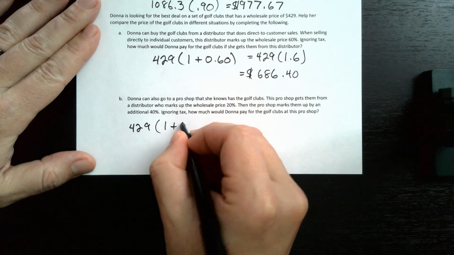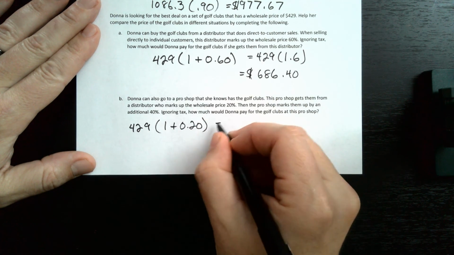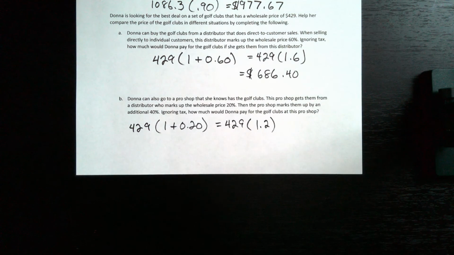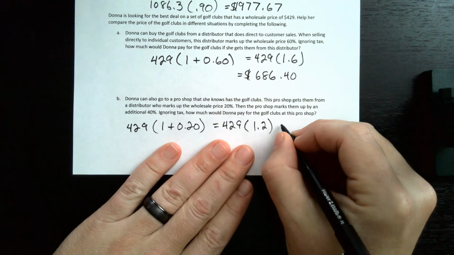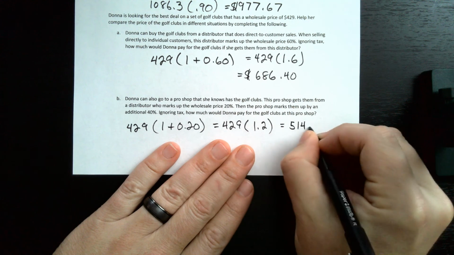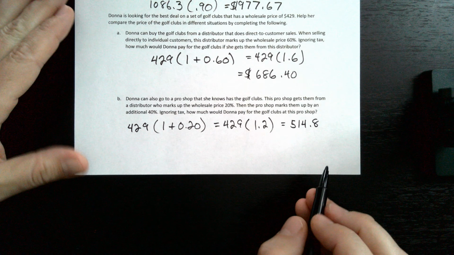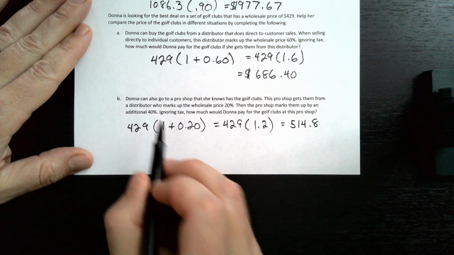So that's 100% plus 20%, so that's 429 times 1.2. If you put that in your calculator, you get 514.8. Okay, so after the 20% markup, it now costs $514.80. Then you take the 514.8 and they mark that up again 40%.